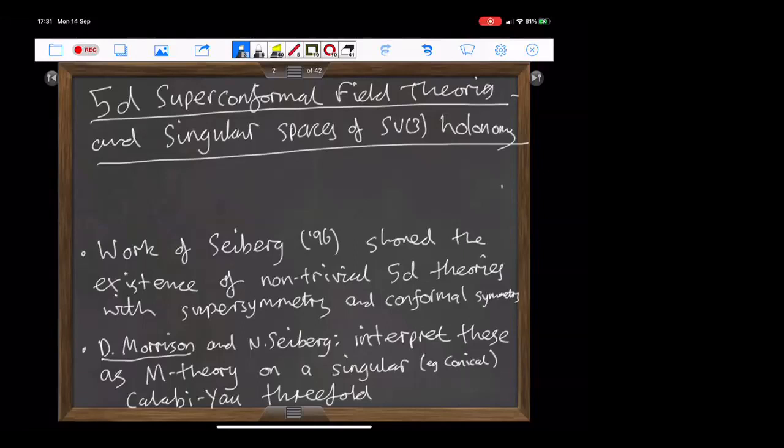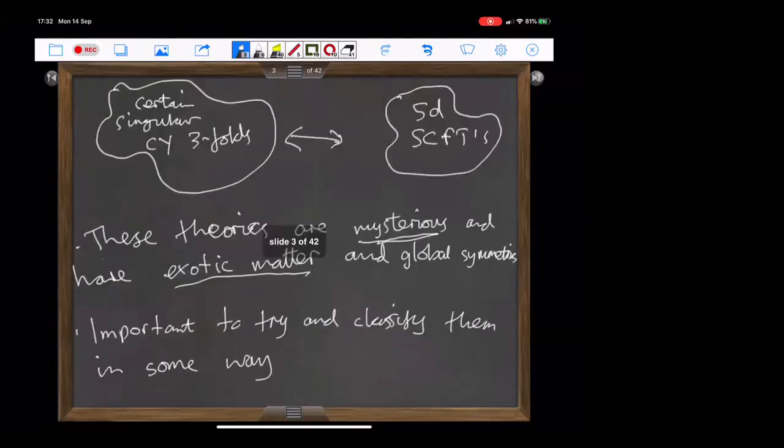Now, Dave and Nati wrote some papers which showed that these naturally arise by considering M theory on a Calabi-Yau threefold with a codimension 6 singularity. And so essentially there's a correspondence between certain singular Calabi-Yau threefolds and 5-dimensional superconformal field theories.